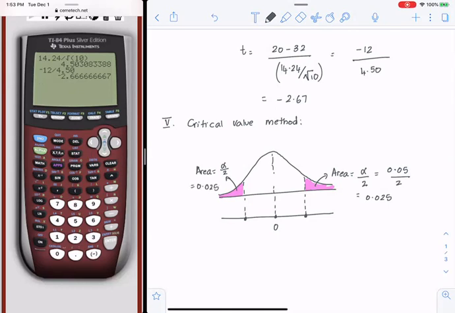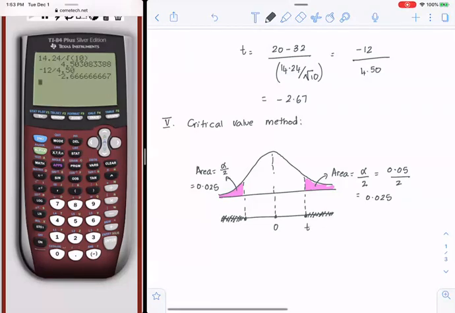And we can find the critical value using inverse t. And if we don't have inverse t in the calculator, we have to make use of the t-chart. So the rejection region on the right is the shaded area, and similarly on the left is the shaded or cross-hatched region on the real number line.